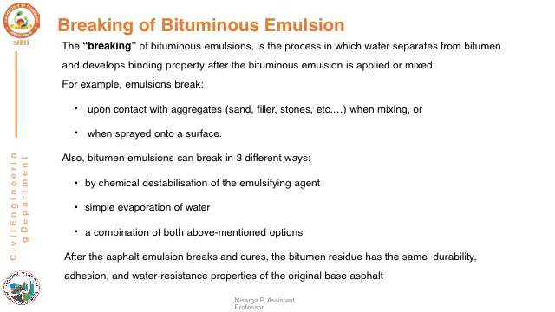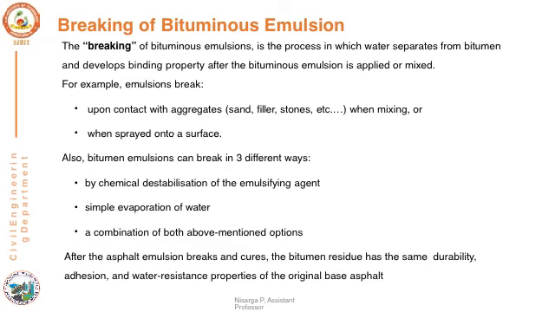This happens when you are mixing the bituminous material or preparing bituminous mixes, or the emulsion can also break when it is sprayed onto a surface, in applications like tack coat, seal coat, etc. The process of breaking of bitumen can be explained in three different ways. The bitumen emulsion can break and attain the binding property either through chemical destabilization of the emulsifying agent, or through simple evaporation of water, or a combination of the above two options.